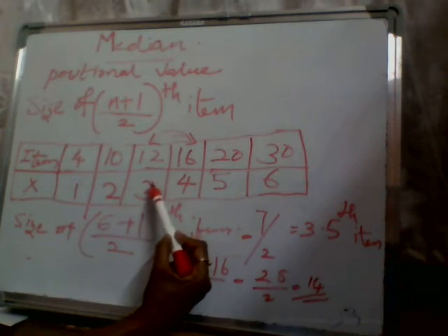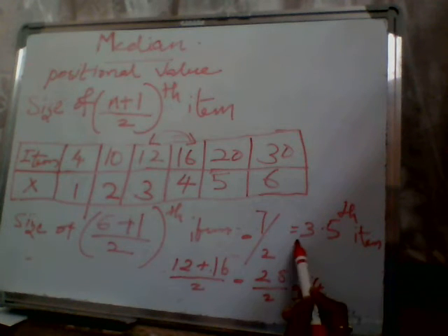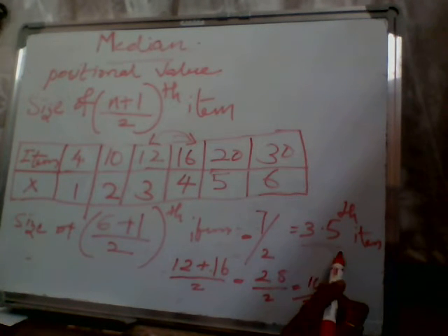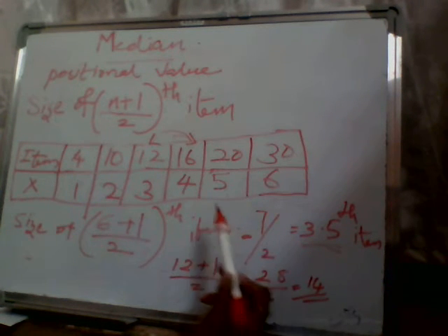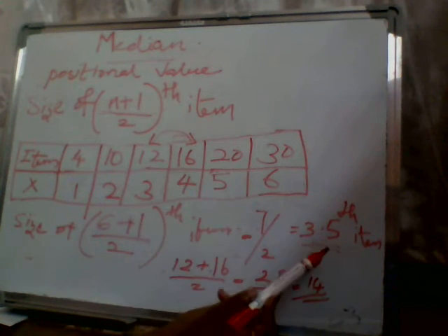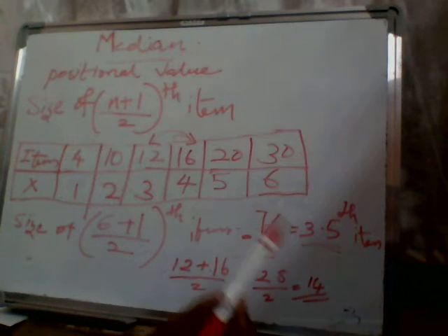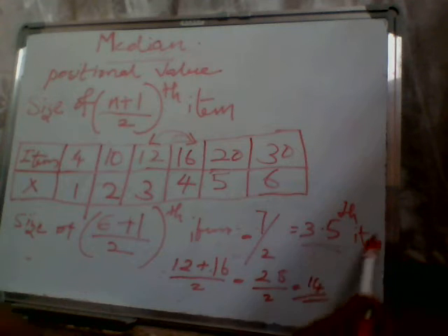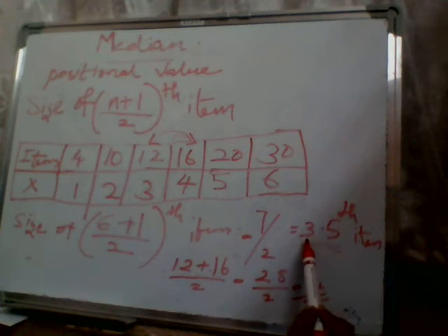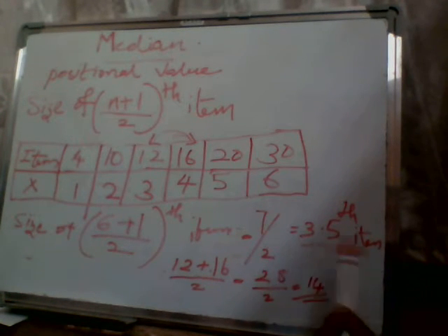Here 3.5 means we need to take the average of the third and fourth values. Here 3.5 or 4.5 or 2.5 means we need to take the average of two values. The 3 next value is 4.